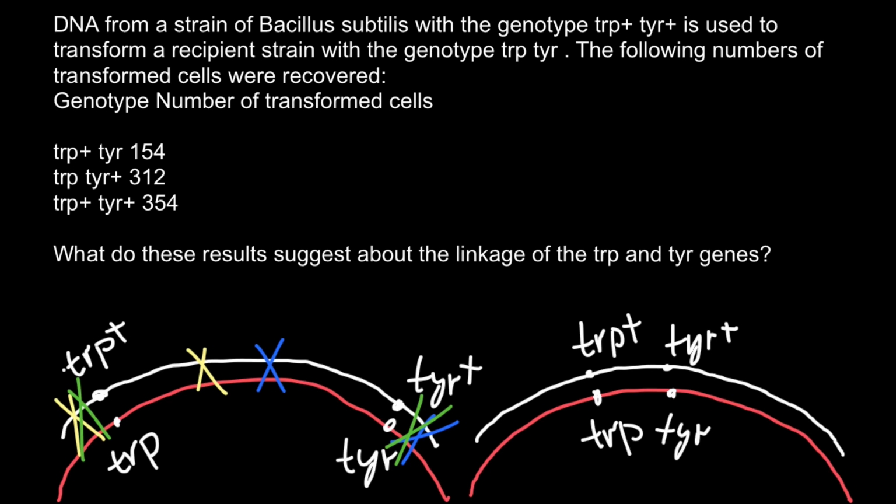So now what may happen here? Once again, one crossing over may happen here, another may happen here. And this fragment would be replaced, and both these genes would replace these 2 genes. What else may happen? We may have another crossing over here and here.